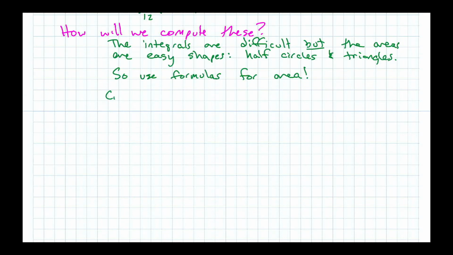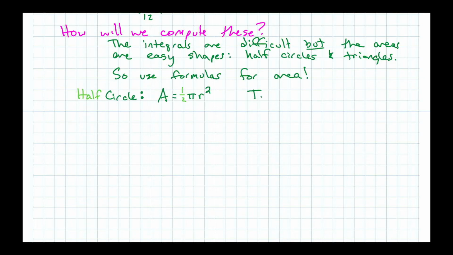For a circle, the area is, of course, pi r squared. That's all. And a half circle will be half of that, so if you wanted to add the word half, you would just add a half.